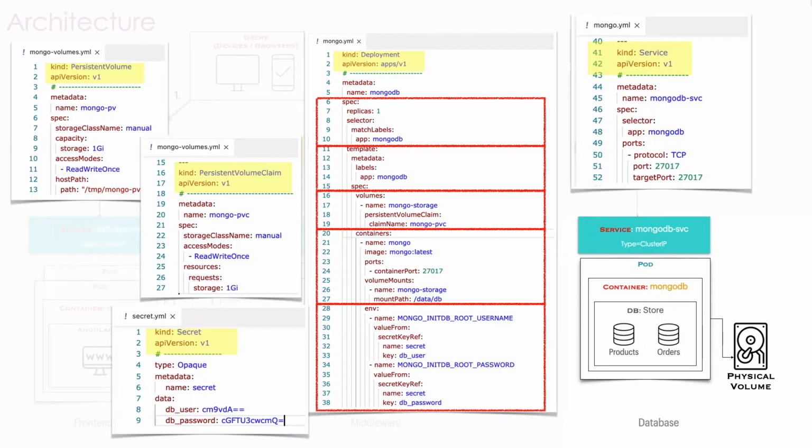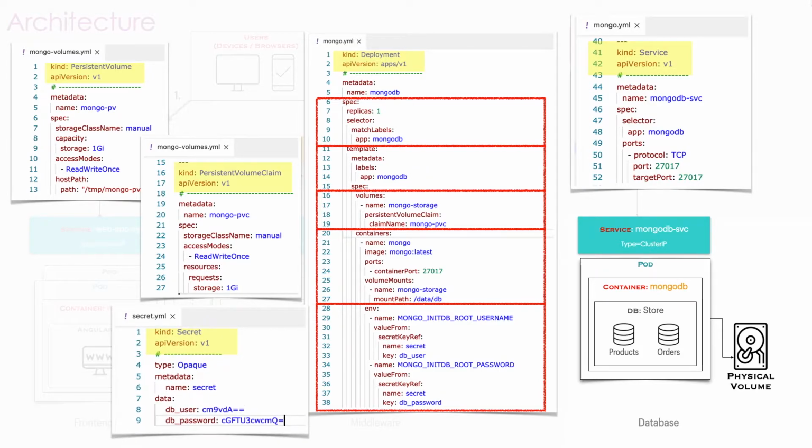Same goes for the initdb root password. Now, however, because this is a sensitive piece of information, you want it to be encrypted in some form. So Kubernetes allows this kind of sensitive data management through an object called secret. So that's where secret comes into play.